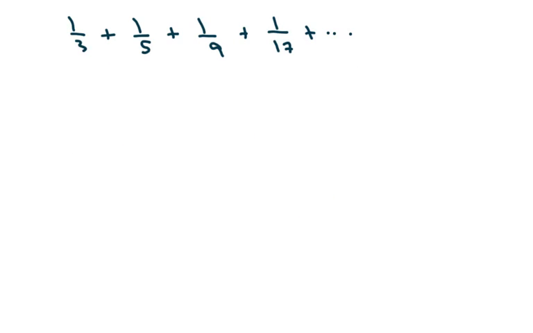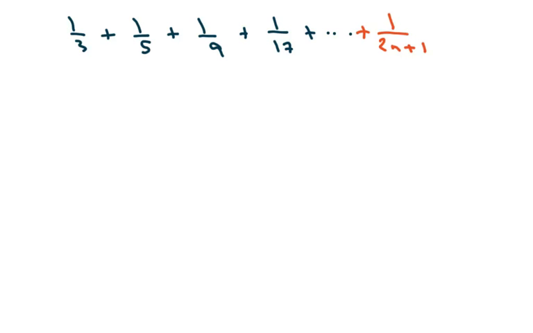And I think I have one more. And it's this one. And the general term, these are odd numbers here, so the general term is going to be 1 over 2n plus 1.